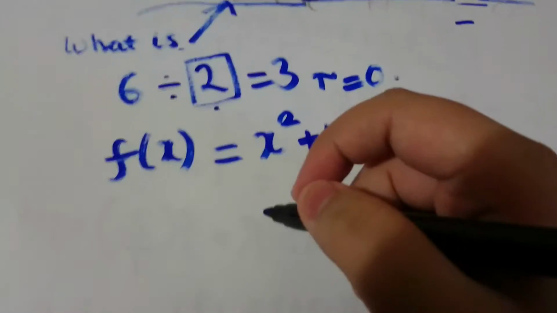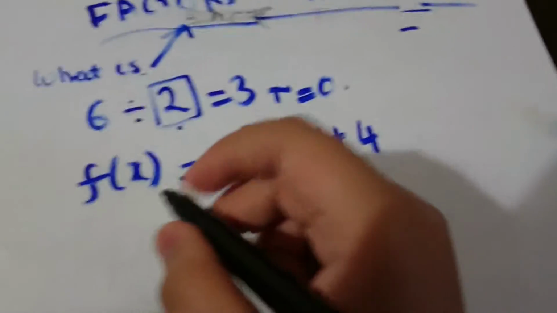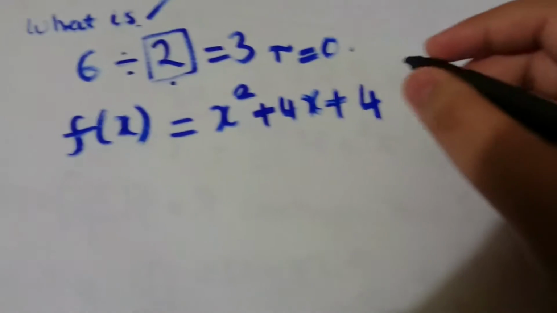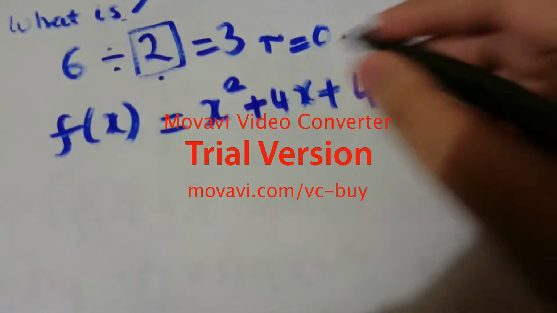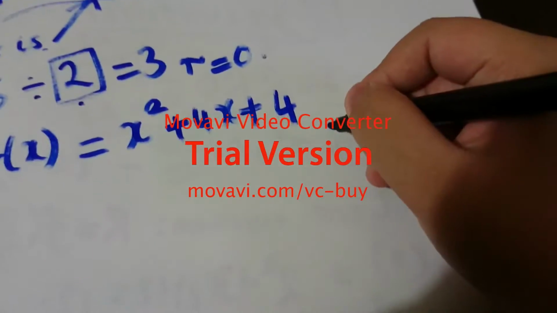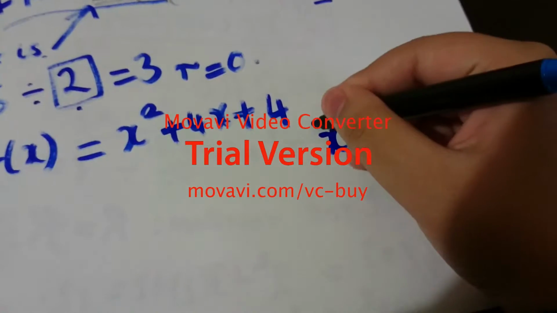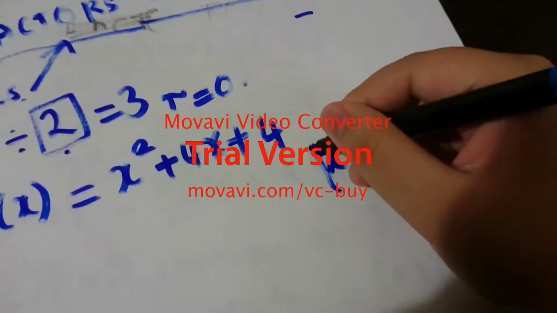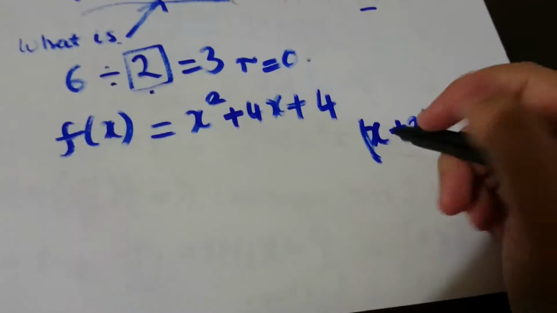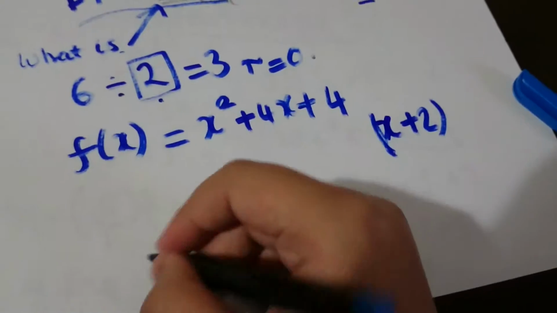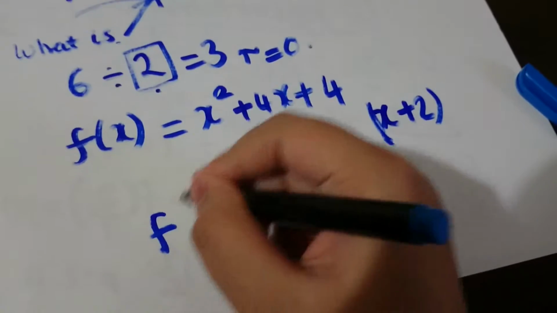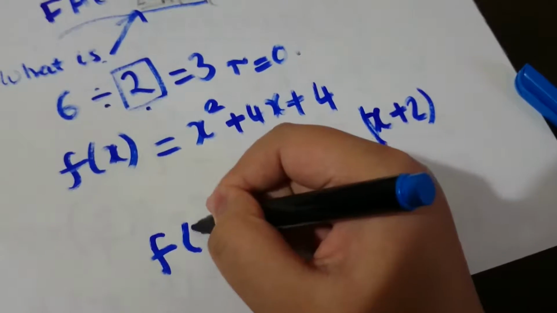Now, I will be moving on to the factor theorem. So the factor theorem states that if I divide this known polynomial by a linear factor, we know x plus 2, then our remainder is f of a.